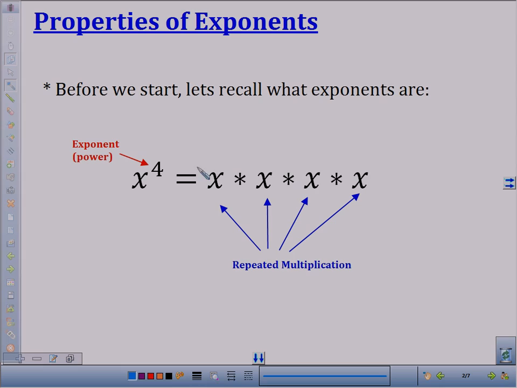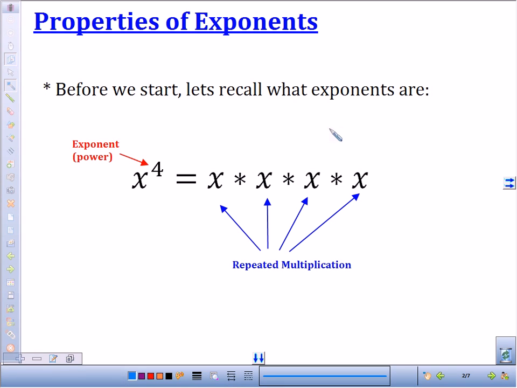We want to take just a moment to recall what exponents are. So for instance, if I had x to the fourth power, the 4, or the power, is the exponent. And what that exponent does is tell me that I have 4 x's, 1, 2, 3, 4, being multiplied together.